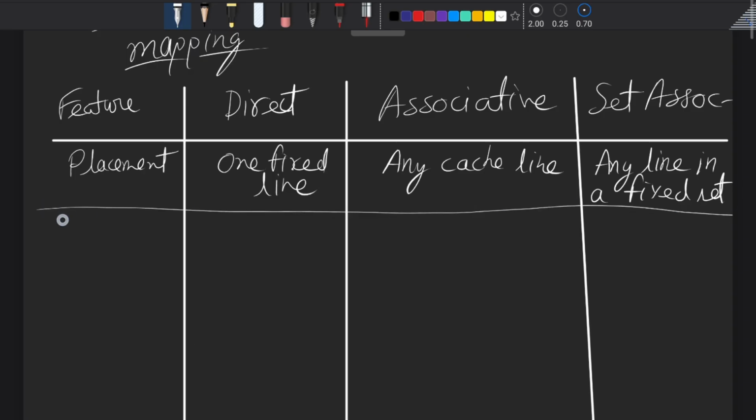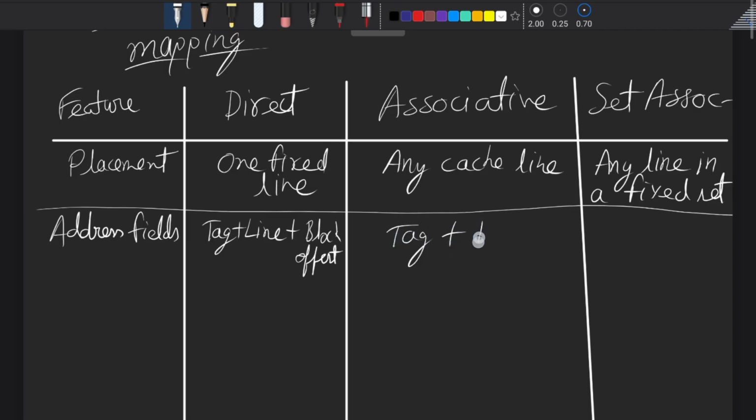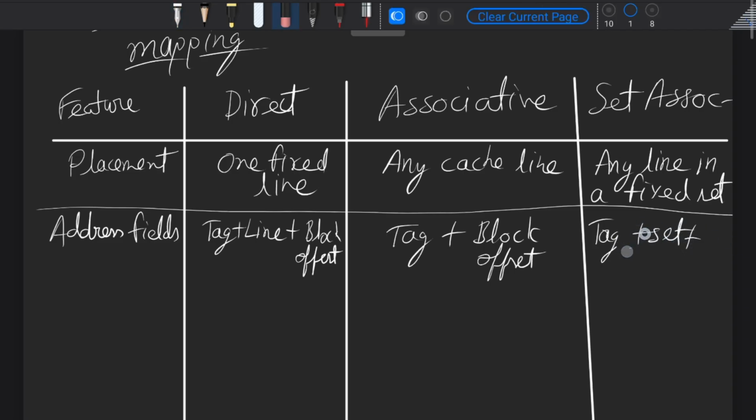Next we have address fields. So here it was tag plus line plus block offset. Here it was tag plus block offset, and here it was tag plus set plus block offset.